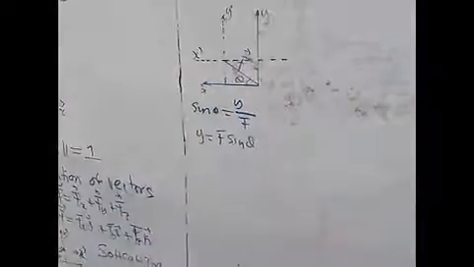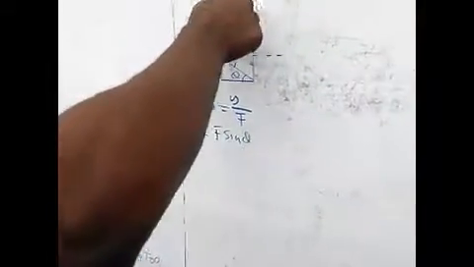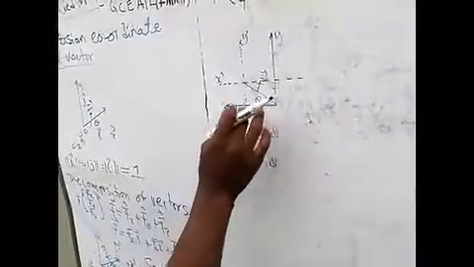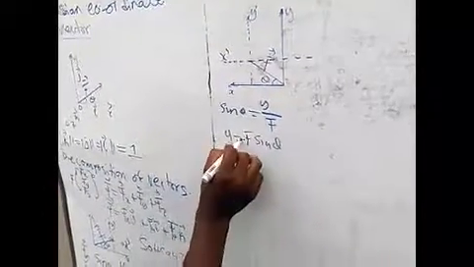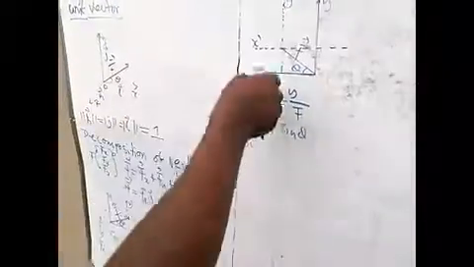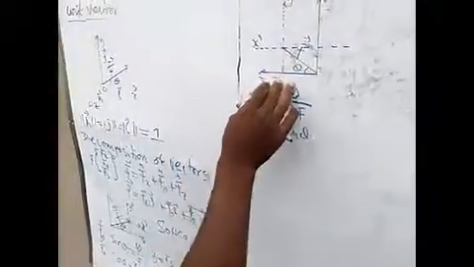But you will discover that when I stroke this y downward, it's going to touch the x-axis in the negative direction. So it will be equal to minus F sine theta, because it has struck the x-axis in the negative direction.